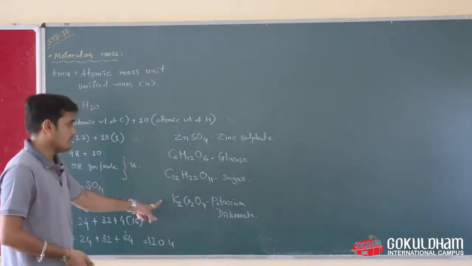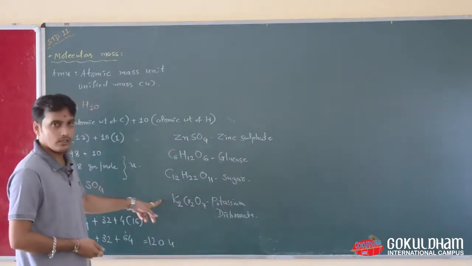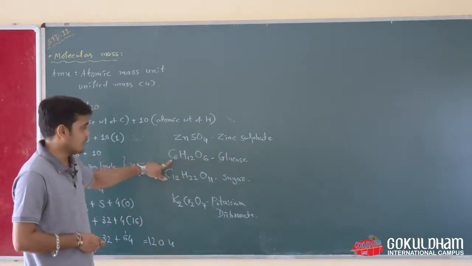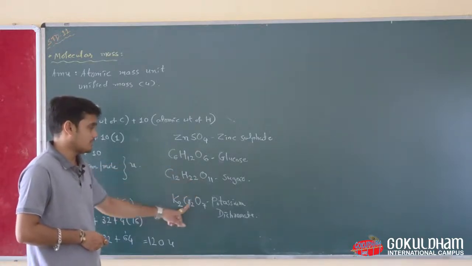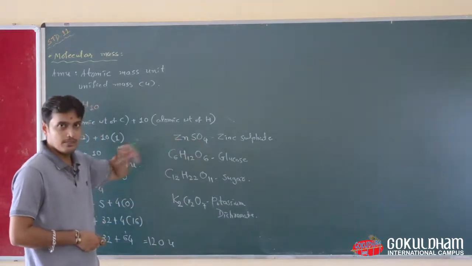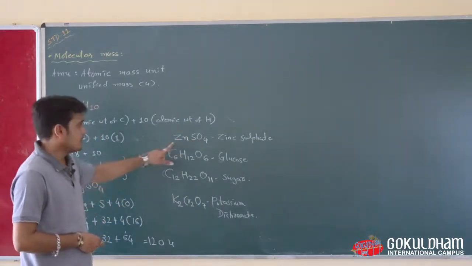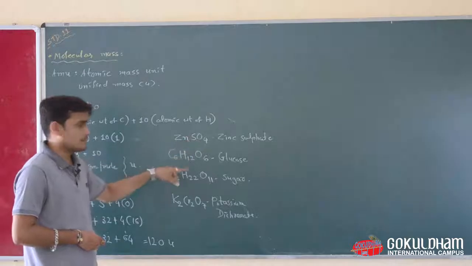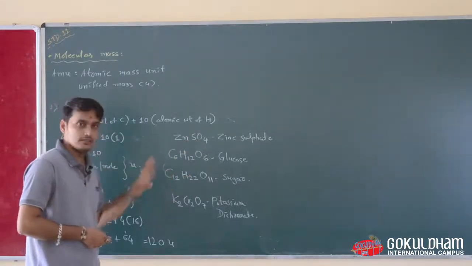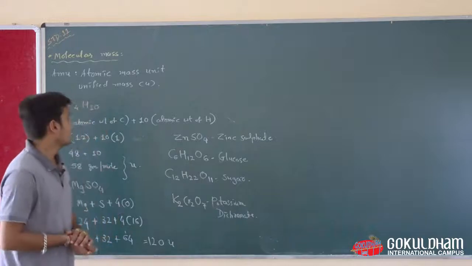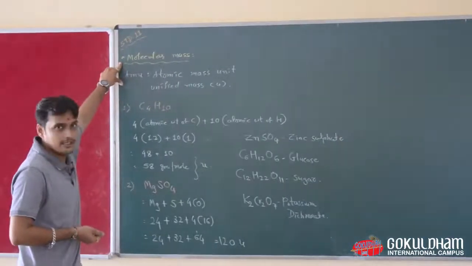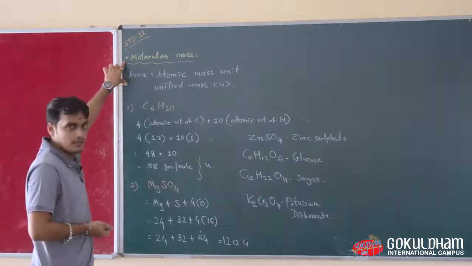These four compounds, you have to calculate the molecular mass. You will find these atomic weights of carbon, hydrogen, oxygen, chromium, potassium, zinc, sulfur and oxygen at the back of your book. You will notice all the atomic weights. You have to take that atomic weight into this example. Okay, this is the basic or main theory of molecular mass.